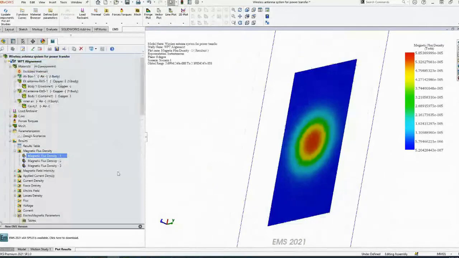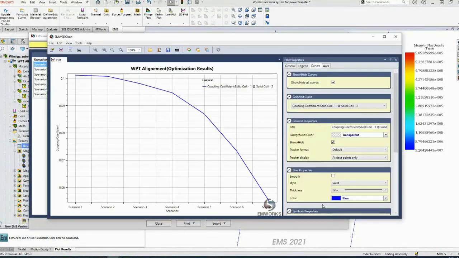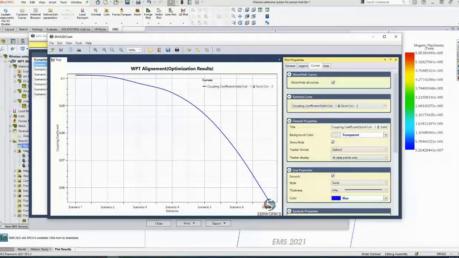In this particular study, I parameterized the alignment between the coils, and if I go to the coupling coefficient, the alignment is also important.